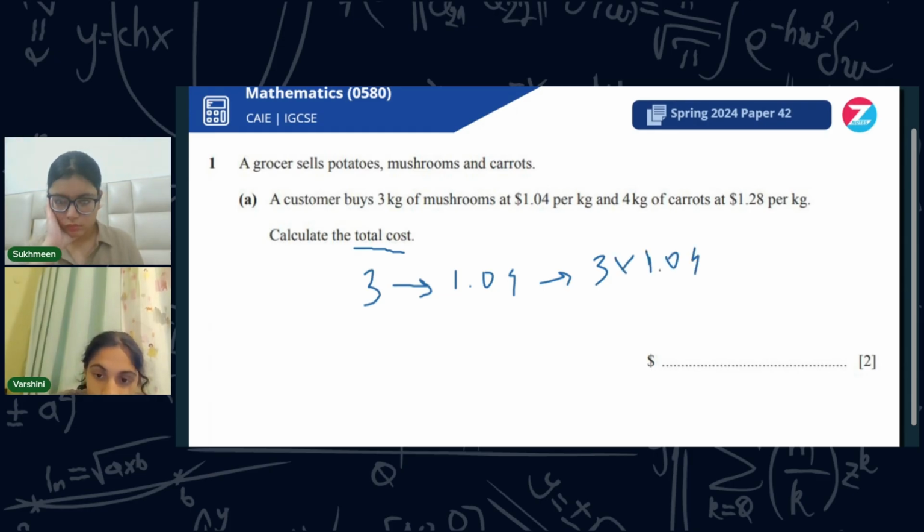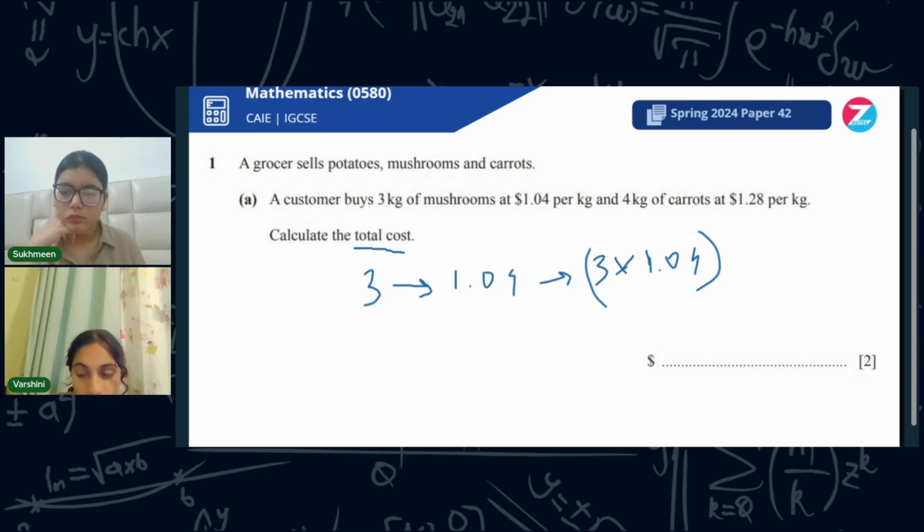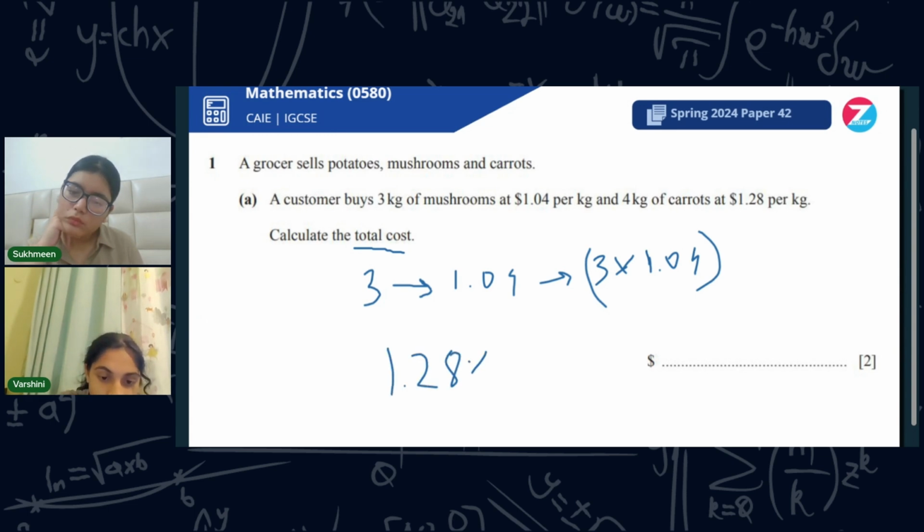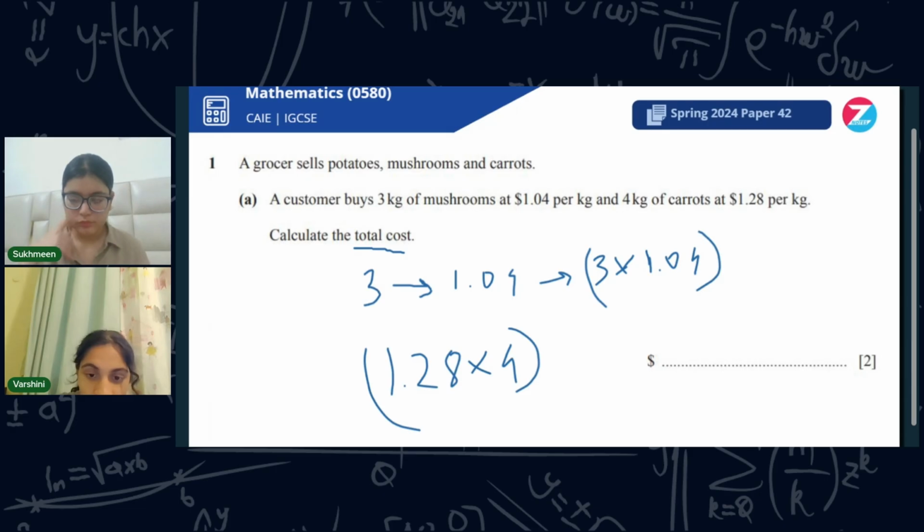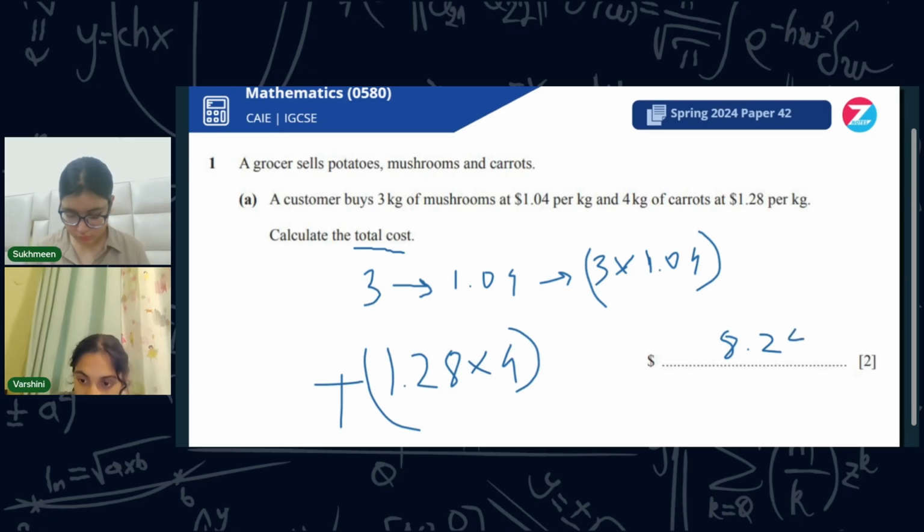And for the carrots, it's 4 kg at 1.28 per kg, so it's 1.28 times 4. So it's going to be this value plus this value. Put that in your calculator, and don't forget to add the brackets, and you should get 8.24 as your answer.